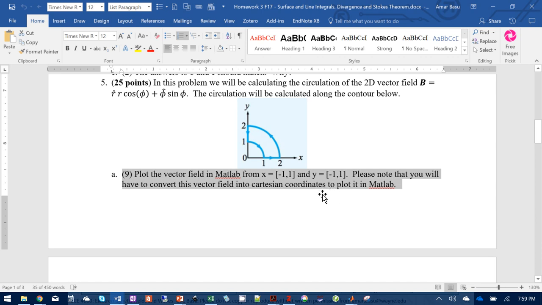So it's just r hat dr. Yes, r hat dr is what it is.